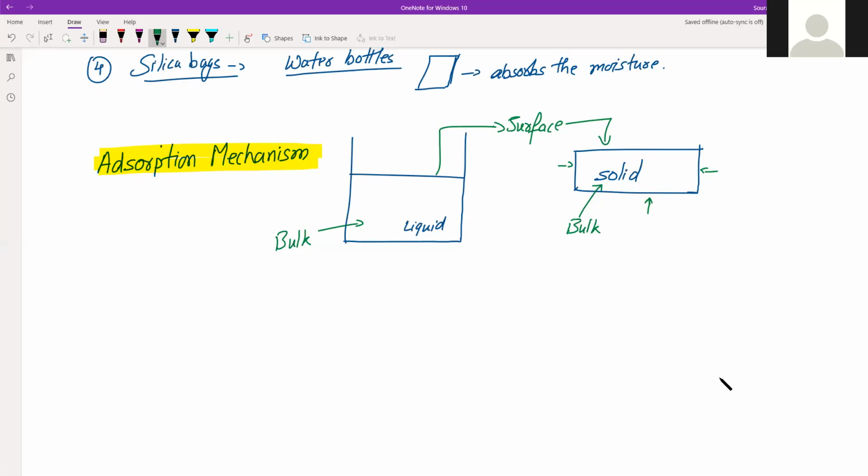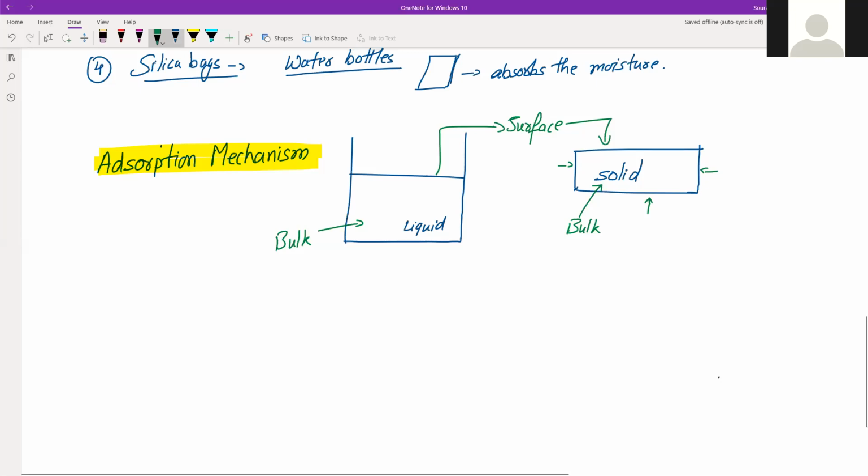Right? And now the situation inside the liquid, or in the bulk of the material, solid or liquid, is different from the surface. What does that mean? That a molecule in the interior of the liquid is completely surrounded by other molecules on all sides, and hence the intermolecular forces of attraction are exerted equally in all directions.